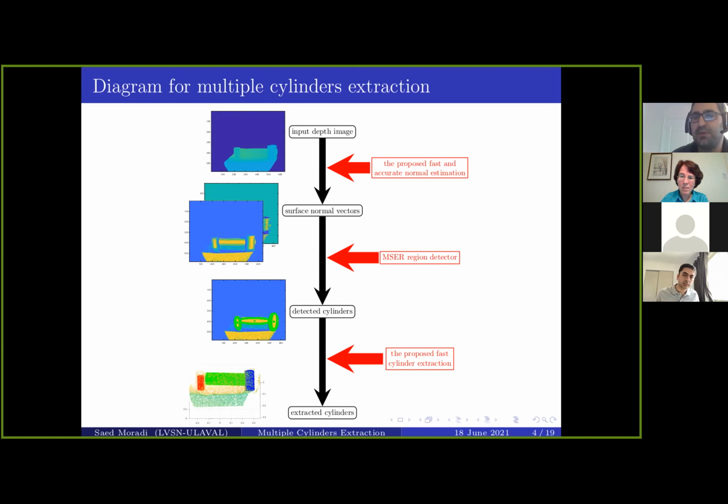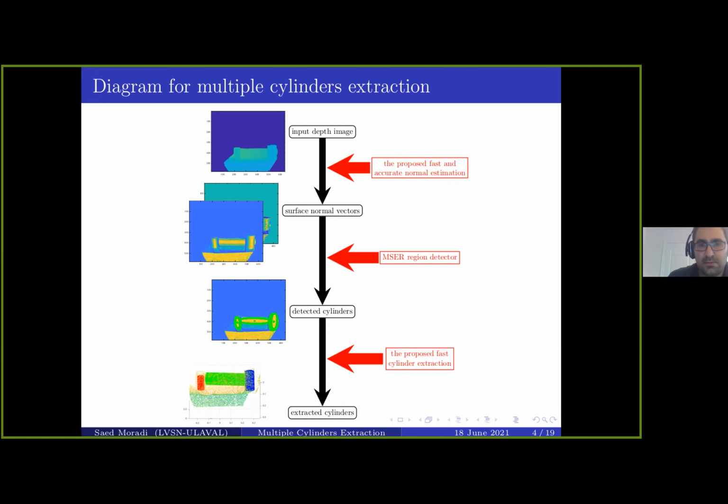The first step is normal estimation, which in our method is fast and accurate. The second one is to detect the cylindrical region from the input data, which we call the theta image. I will explain in the following how to acquire this image. And the final step is to extract the model of each cylinder from the detected regions.